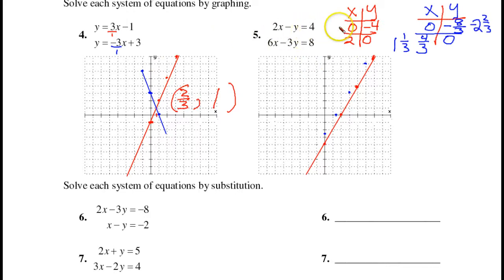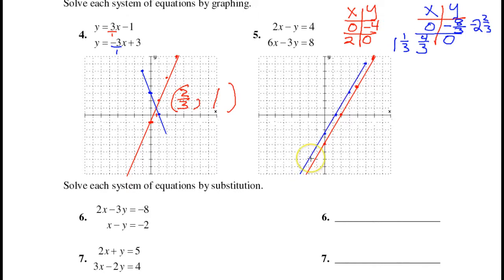Okay, this first line was rather easy to draw. That's the red line. But when I converted these to mixed numbers from their improper fraction, I put that there and that there. And lo and behold, what am I getting? Well, I'm getting something that looks like this.